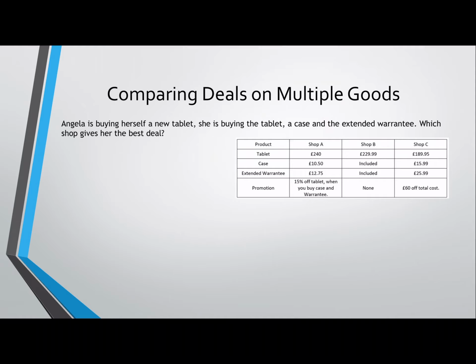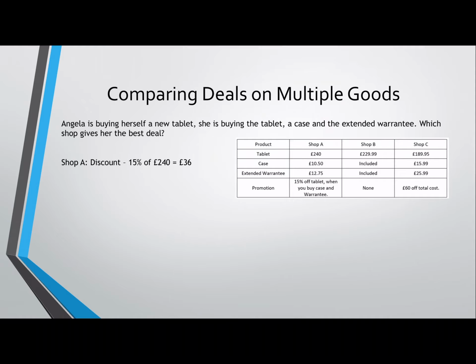And then shop C, we've got £189.95 for the tablet, £15.99 for the case, and the extended warranty is £25.99. But the promotion here is we get £60 off our total cost. So we need to work through each option step by step, figure out which one's the cheapest, and then make a comparison at the end.